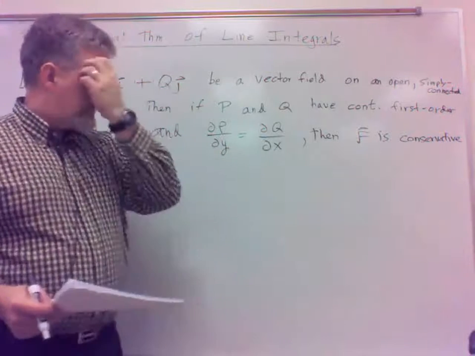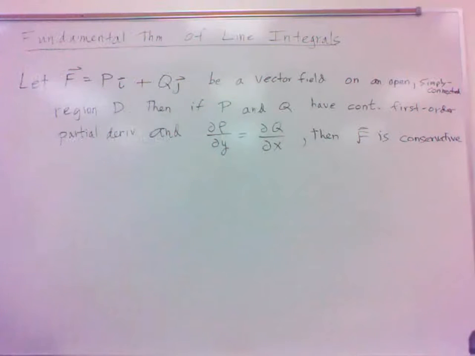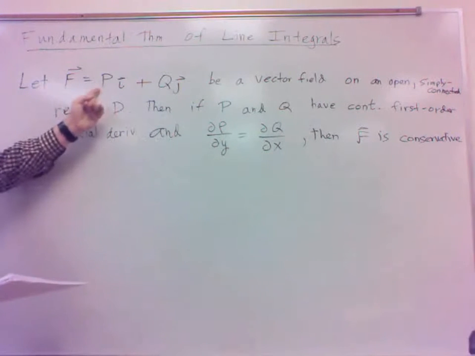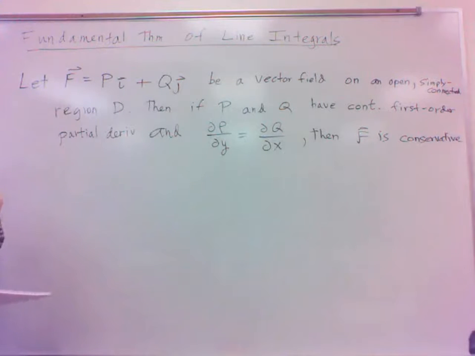But anyway, it turns out if the partial derivative of P with respect to y equals the partial derivative of Q with respect to x, if those are equal, then the vector field is conservative. Which means, in other words, there's a potential function f where the gradient of f equals the vector field, big F.